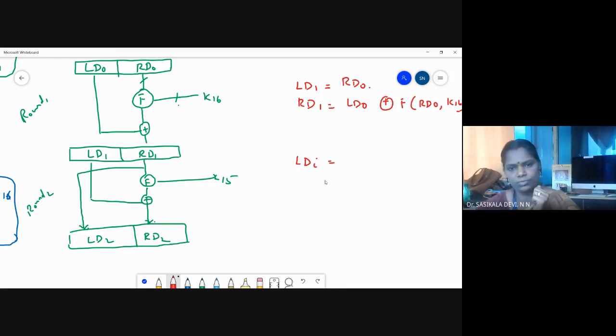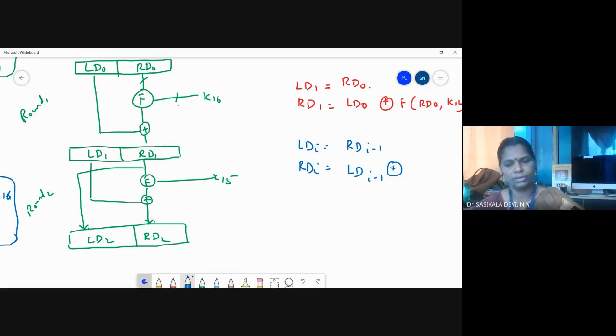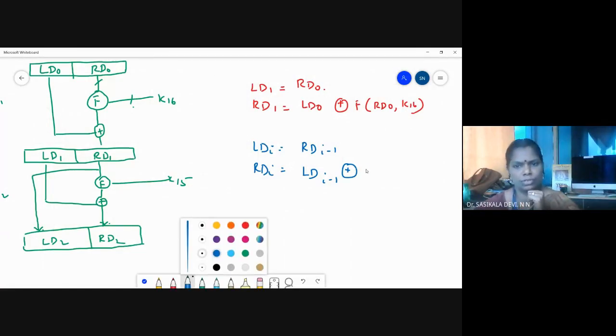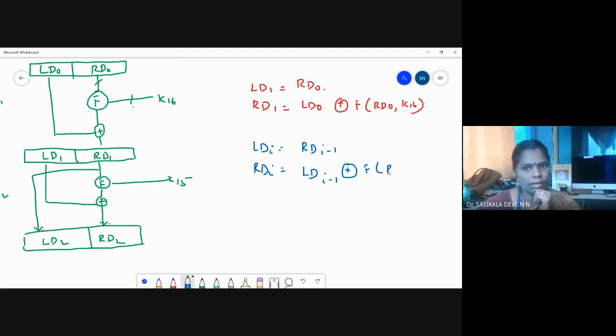LDI is equal to the previous round's RDI minus 1. RDI is equal to LDI minus 1 XOR function of RDI minus 1, comma K16.